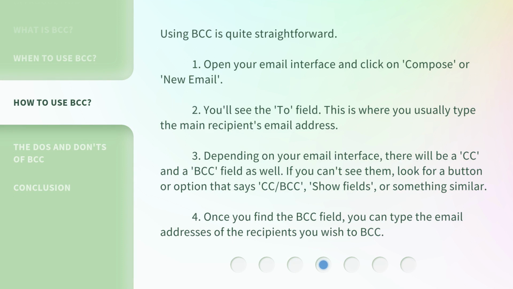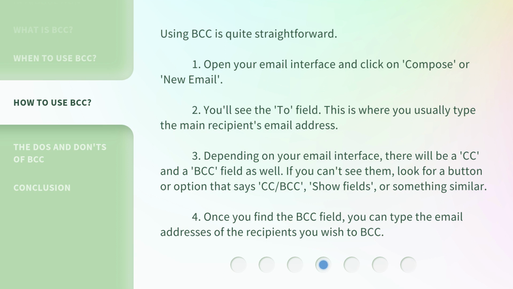Using BCC is quite straightforward. 1. Open your email interface and click on Compose or New Email. 2. You'll see the To field. This is where you usually type the main recipient's email address. 3. Depending on your email interface, there will be a CC and a BCC field as well.